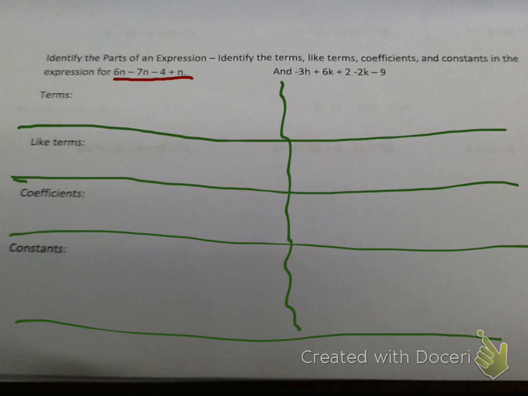Each term is separated by a plus or minus sign. So we have 6n is a term, negative 7n is a term, negative 4 is a term, and n is a term. See how they're all separated by signs, but you'll notice that the negative has to stay with the 7 and the negative has to stay with the 4.